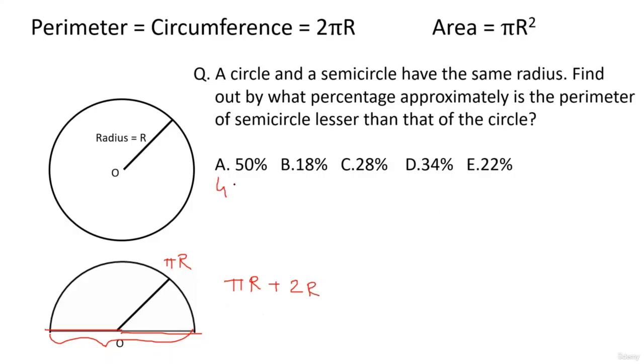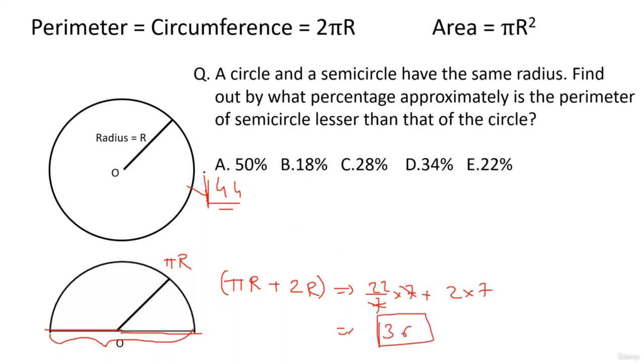For the circle, we found the circumference, or perimeter, to be 44. Now for the semicircle, let's find the perimeter. It will be 22 by 7 into 7 plus 2 into 7, right? So 7 will cancel. 14 plus 22 will be 36, right?